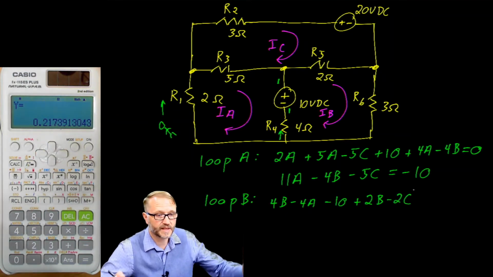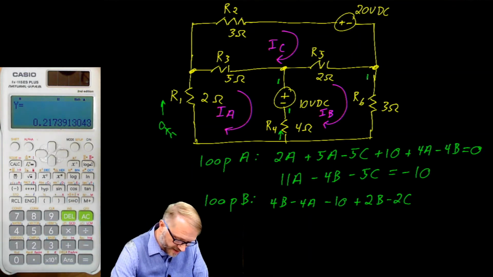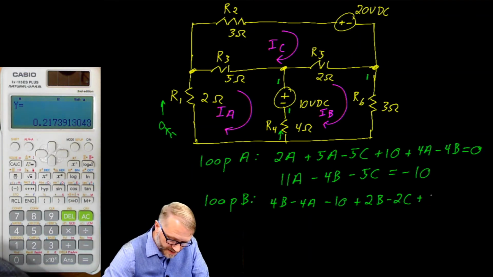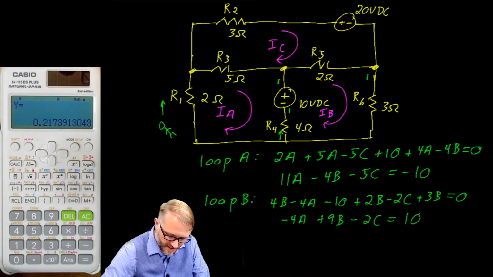Current B and C are moving against each other. Let's see what's next. That brings us to here. Plus 3B is equal to 0. Simplifying, that's negative 4A plus 9B minus 2C equals 10.